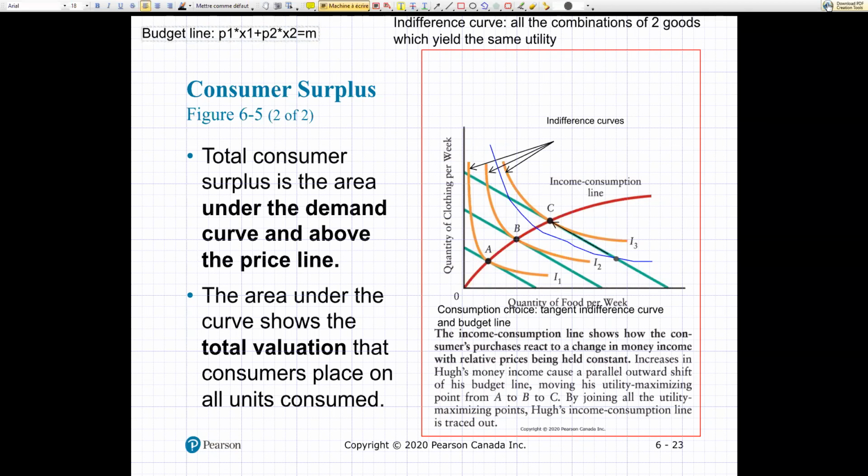And the slope of the budget line is, so how do I find it? Well, I just rewrite it this way. P2x2 equals M minus P1x1.